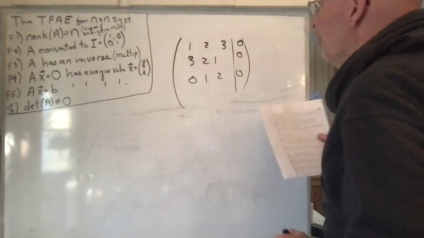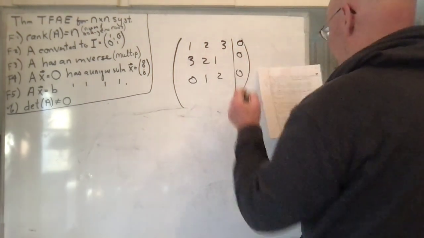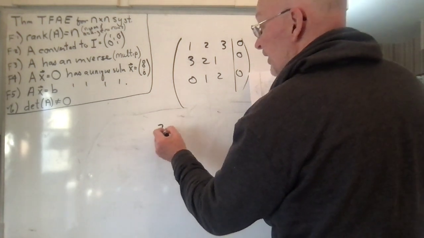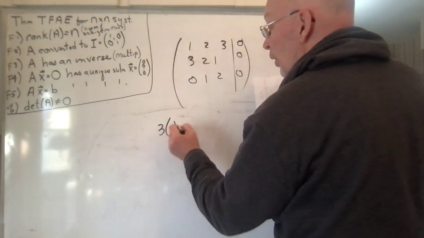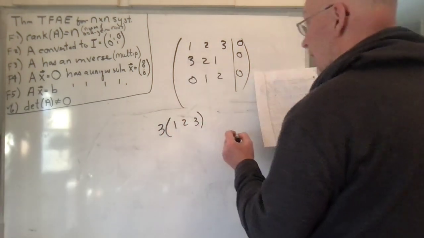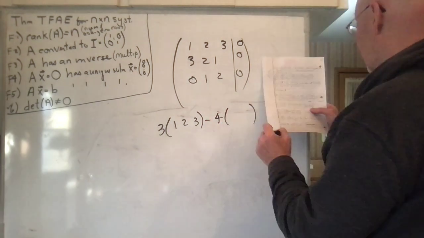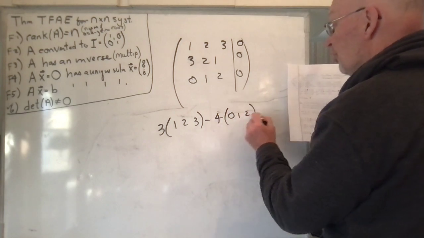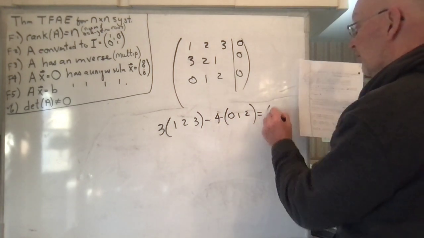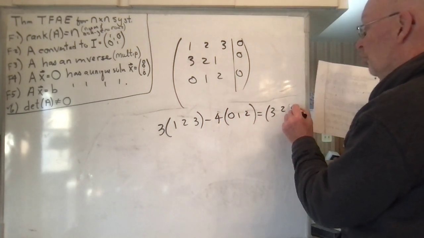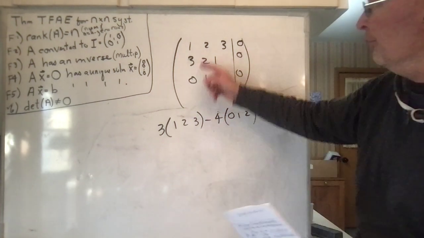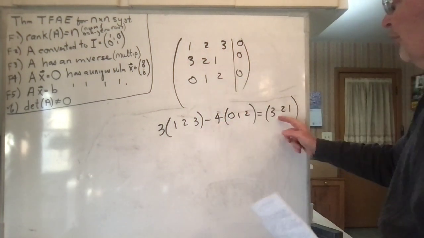Like that. Notice that if I take 3 times the vector 1, 2, 3, and I subtract 4 times the vector 0, 1, 2, I get the vector 3, 2, 1. If I take 3 times this one, subtract 4 times this one, I get this one.